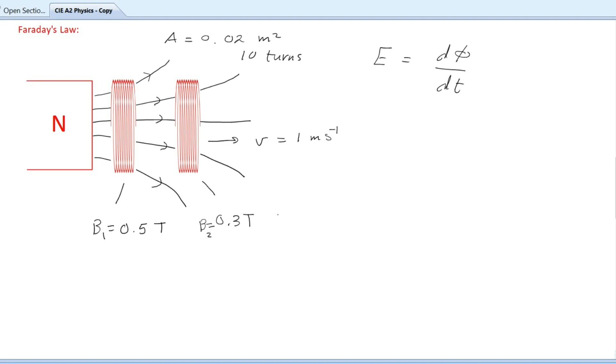So the way that you can calculate the induced EMF in this coil due to this motion is the change in flux, which is change in NBA over the change in time. So how can you get the change in flux?